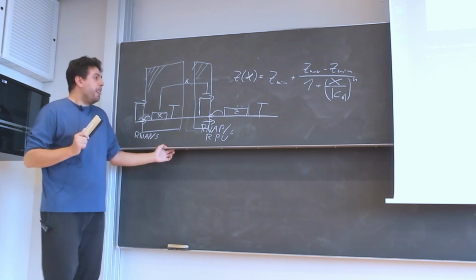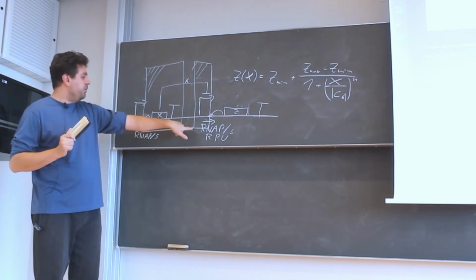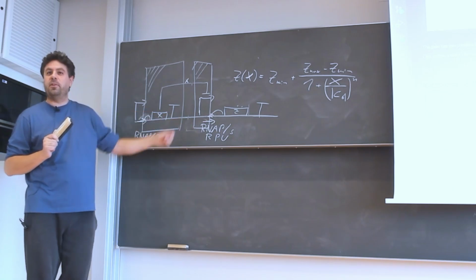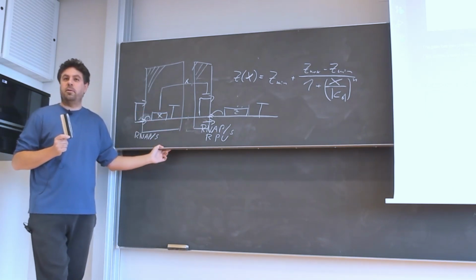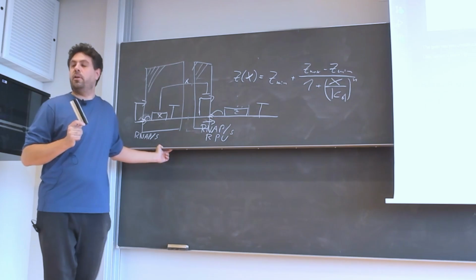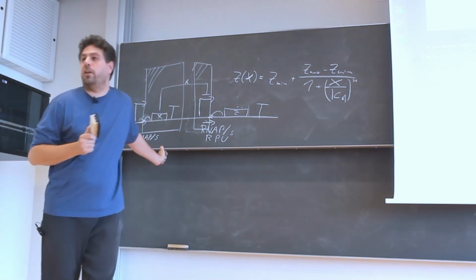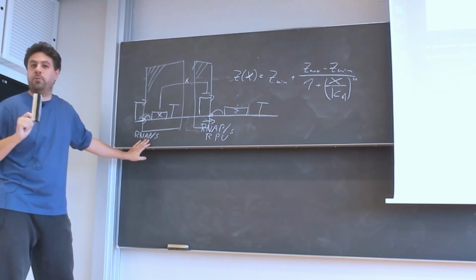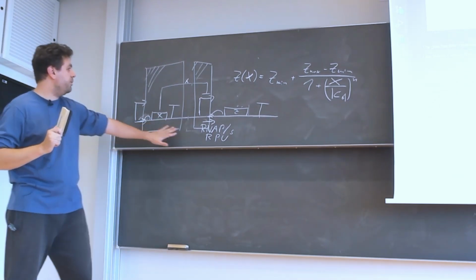So why did we paint these 2 boxes instead of 1 box? Any ideas? One box is input. Exactly. So I just repeated for those who are online: one is the input box and one is the output box.